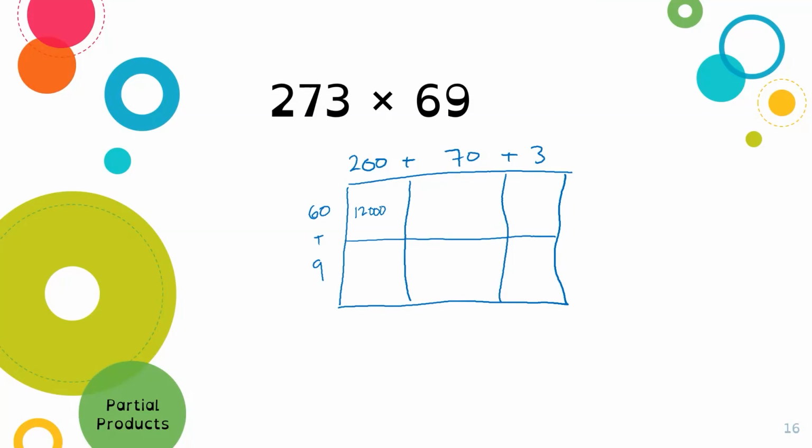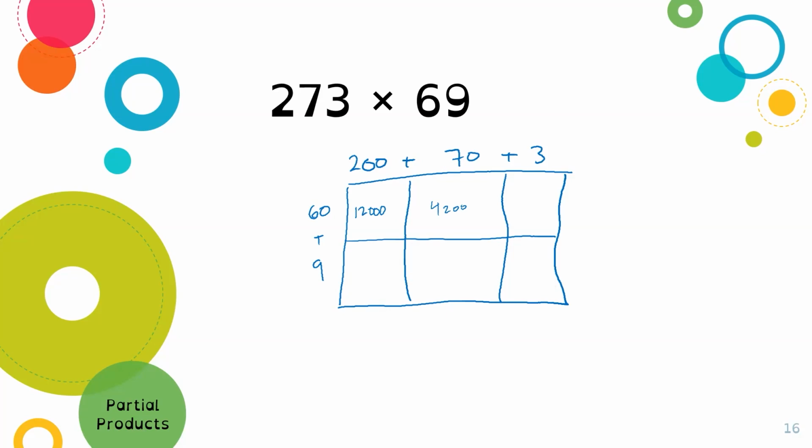Then 60 times 70, well, again, 6 times 7 is 42. So 60 times 7 would be 420. And then 60 times 70 is going to be 4,200.